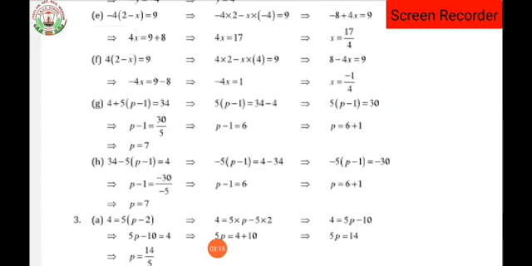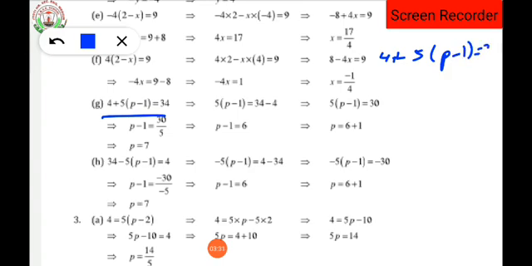Clear? Then the G part of the question. What is the question we have in the G part? That is 4 plus 5 into (p minus 1) equals 34. This is the question we have. So the 5 is going to multiply with p as well as with 1.